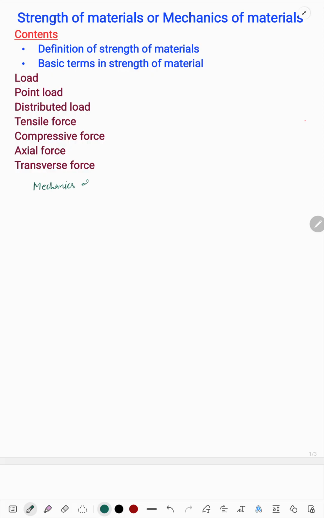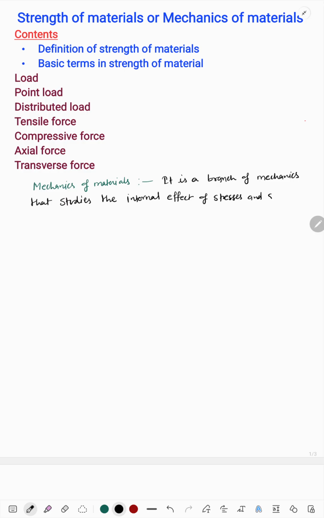Mechanics of materials is a branch of mechanics that studies the internal effect of stresses and strain in a solid body.